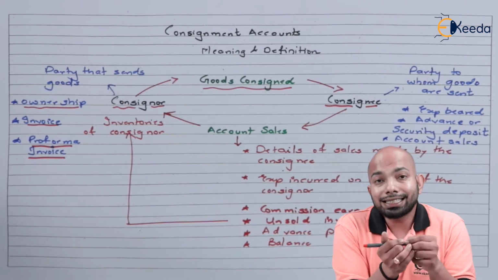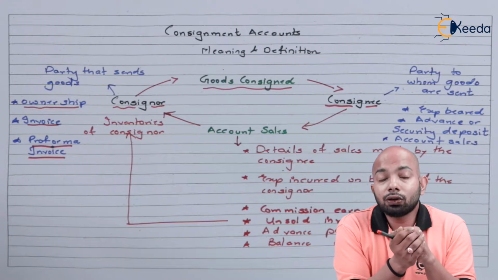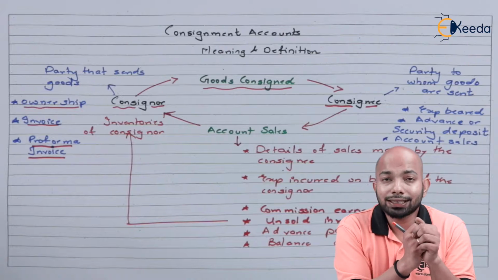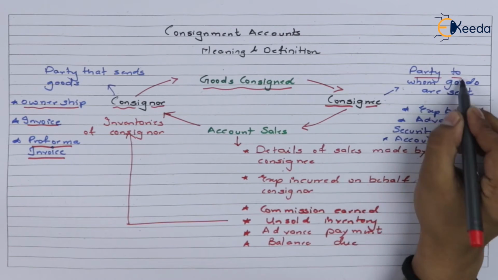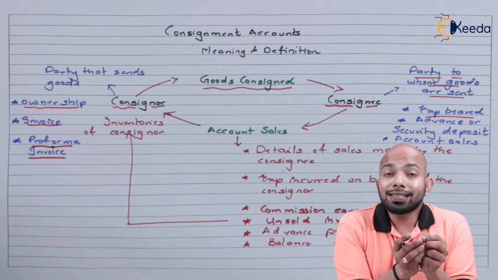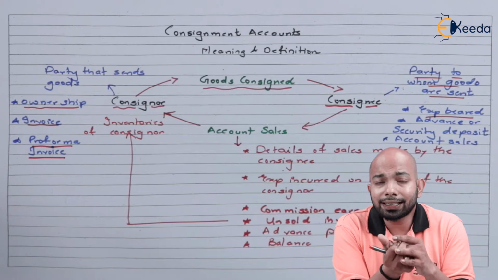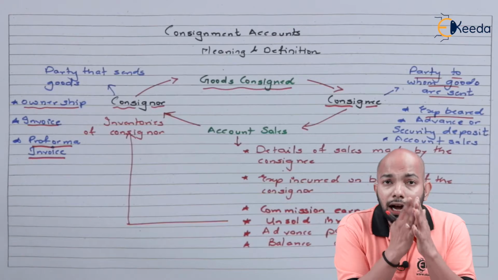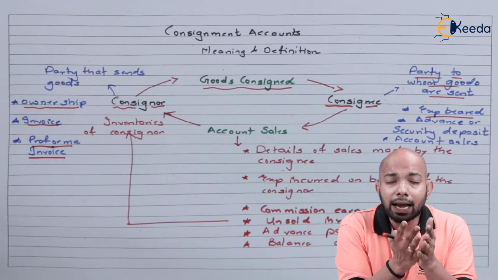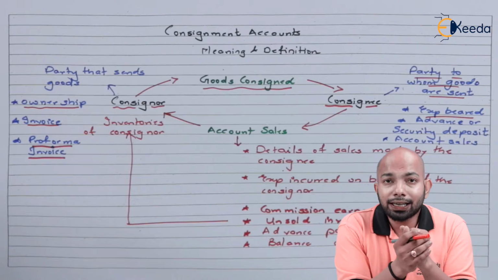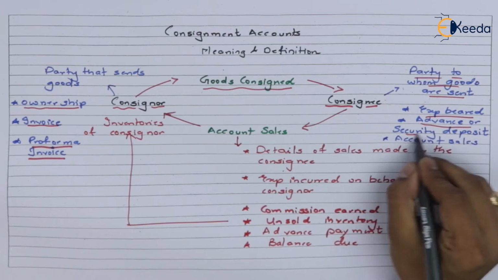Now, when the goods are consigned to a consignee, the consignee also has certain responsibilities. Let's figure out what exactly they are. Usually, the consignee bears certain expenses, like marketing expenses, selling expenses, or anything that comes after the goods are sent to him and the way he sells the goods. Every expense is borne by the consignee himself.